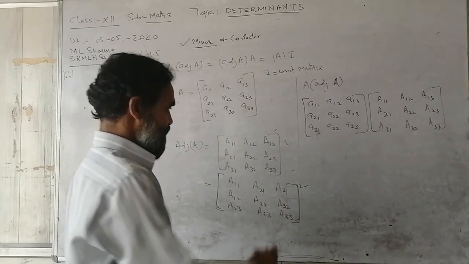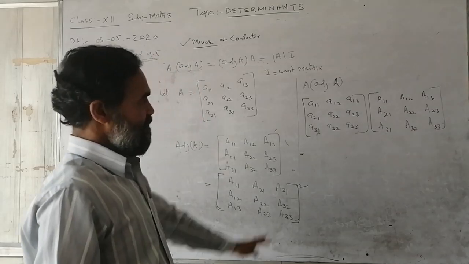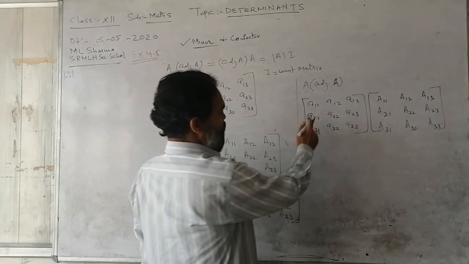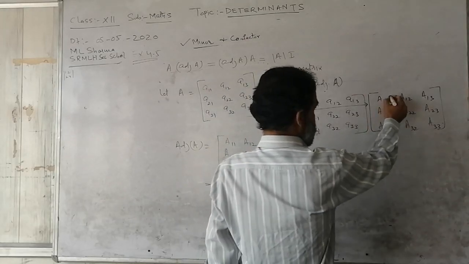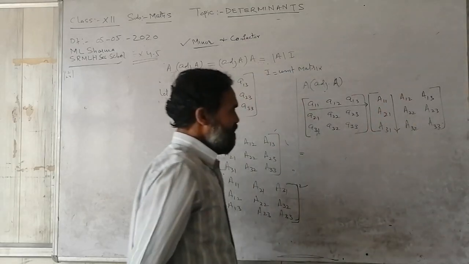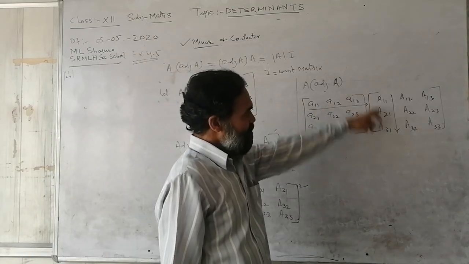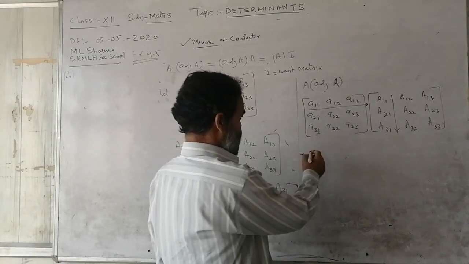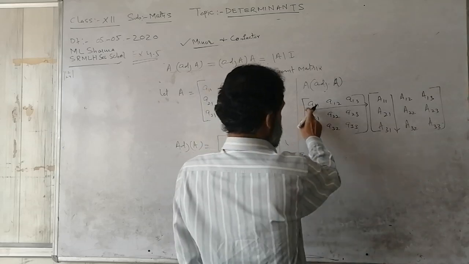So if I multiply these two matrices which are of the same order, in matrix multiplication we multiply the elements of a row by a column. So the product of these two matrices will be this.